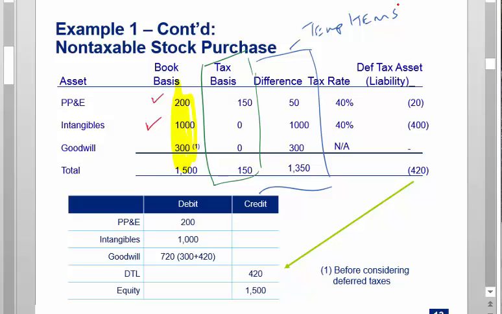So if I bought this company, and for book purposes, I put a $200 value on the depreciable property, but my tax basis was only $150, if the next day I sell that depreciable property for fair value, I sell it for $200, there is no book gain. I sold it for what books recorded it as. But there is a tax gain.